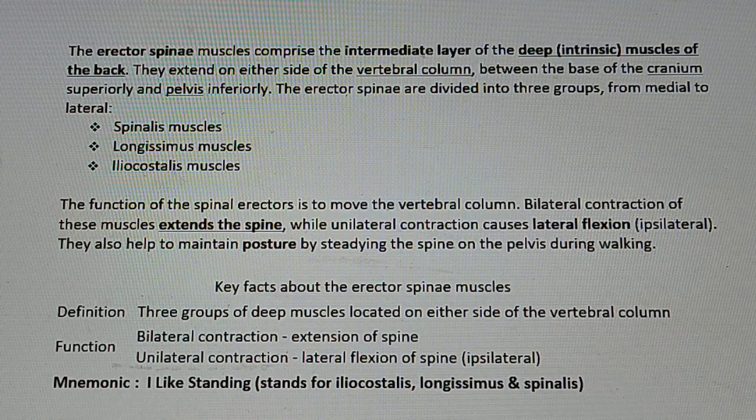There's a mnemonic here on the very edge of this page. I like standing stands for iliocostalis, longissimus, and spinalis. So I like standing, the mnemonic, so you can remember the muscles that are forming the erector spinae muscle.